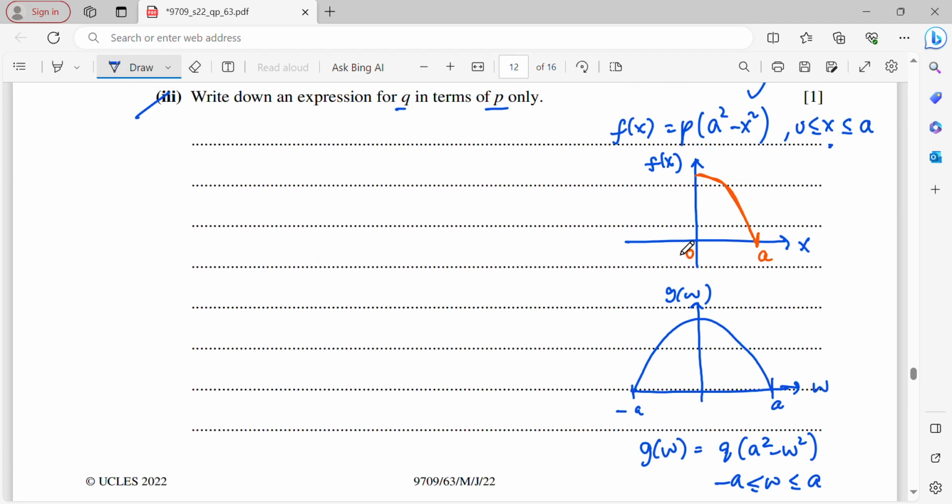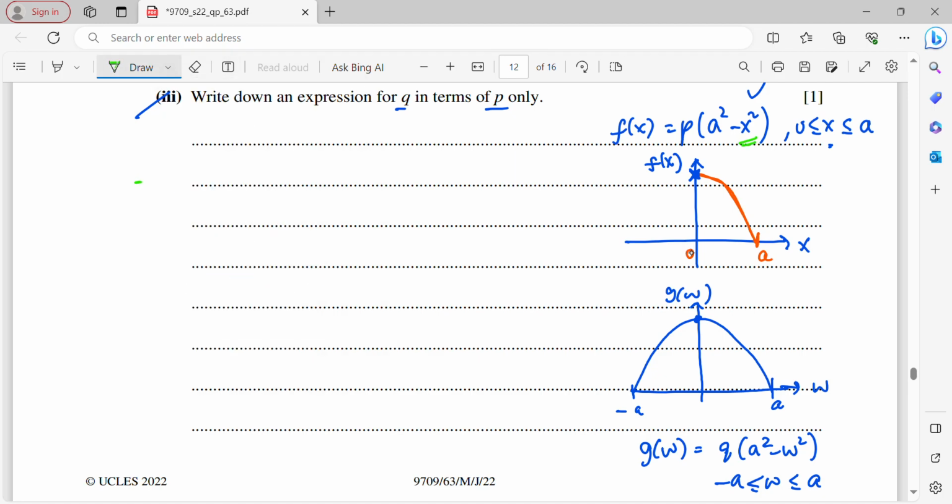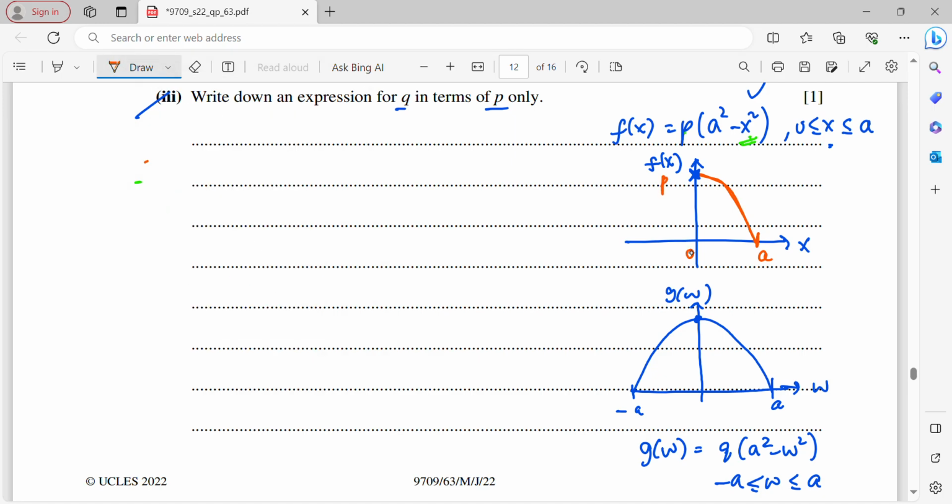Now from here, I need to find this value. For the fx, at this point the x equals 0. So when x equals 0, it will be PA squared. So I will label my intersection with PA squared.